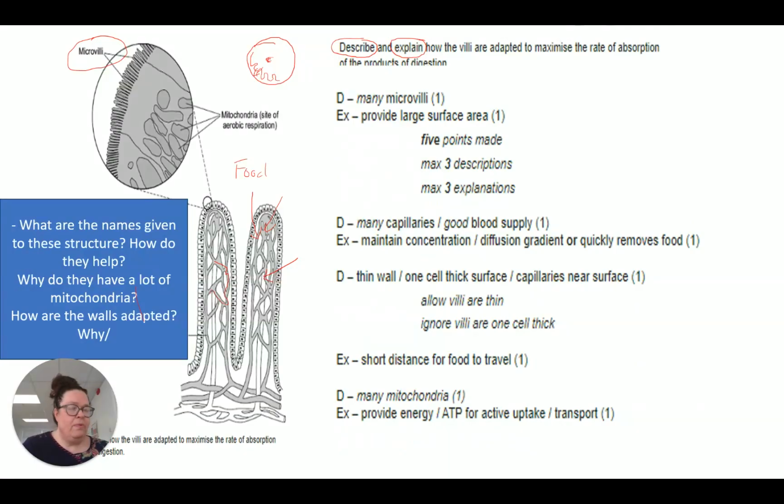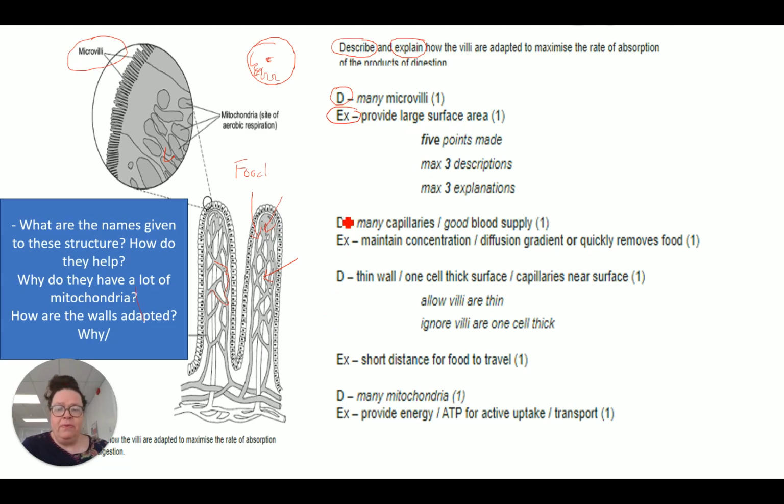Right, so I said there were clues in the question. If it says D here, that's a describe, you're saying what you see. And if it says EX, that's an explain. So describe: many microvilli, and the explain is they've got a large surface area.